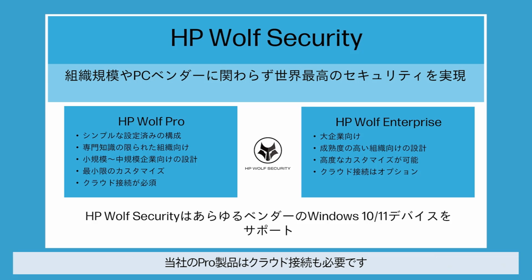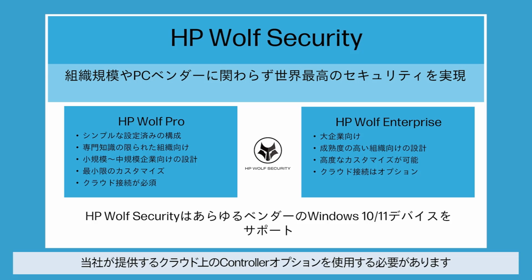Our Pro products also require a cloud connection. So when using the Pro version of our products built for the small business, they don't support the on-premise controller, and they must use one of the cloud controller options that we offer.